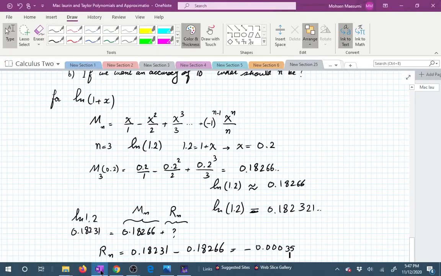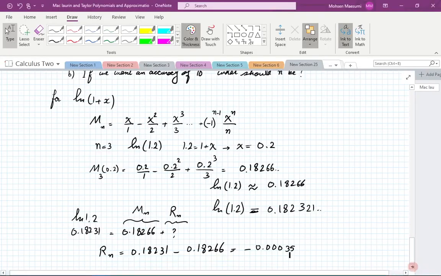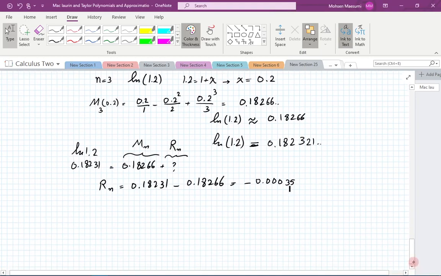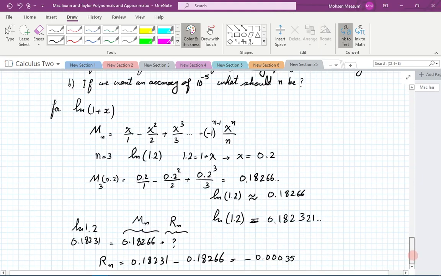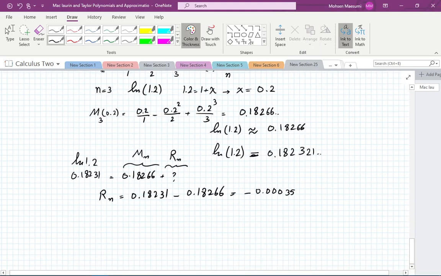That's what we said is going to take a bit more work. So this is the accuracy of M3. The accuracy or the error is about 0.0004. Now, next question.